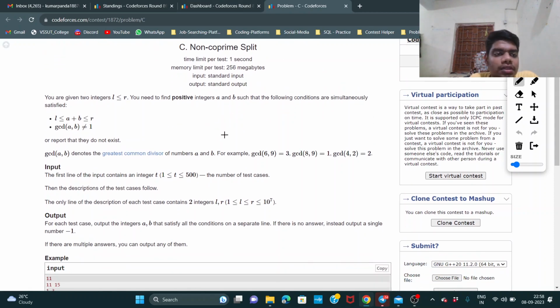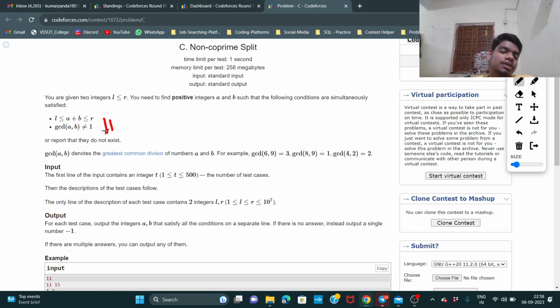In problem C, you are given L and R, and you have to find two positive integers. Positive means not including 0: 1, 2, and so on. Basically, you are given two integers L and R, and you have to find two integers A and B that satisfy these two conditions.